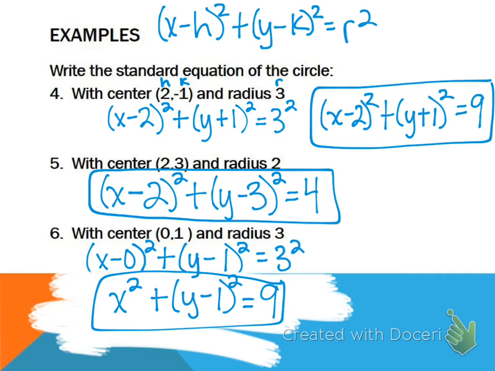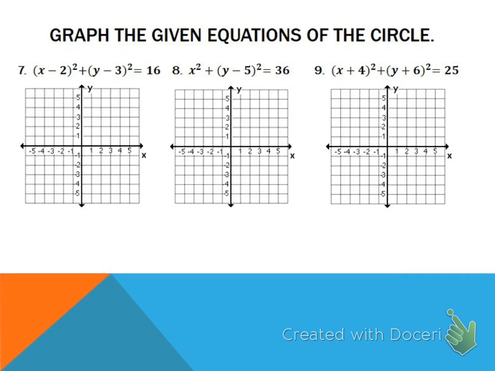This is new. All right, we are now going to switch gears, and instead of writing the equation, we are given the equation, and we have to come up with the graph. So we need to be able to identify our center and our radius first, and then we'll worry about plotting all of that. So I need my center for number 7.